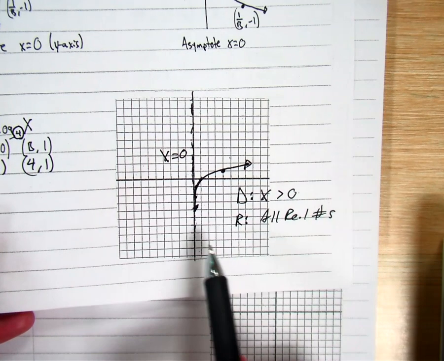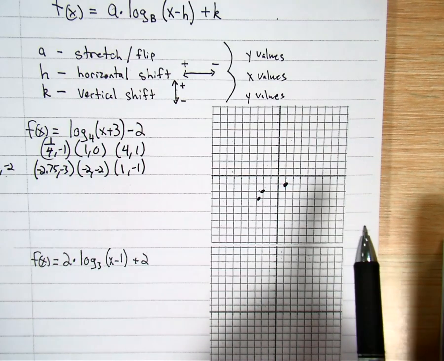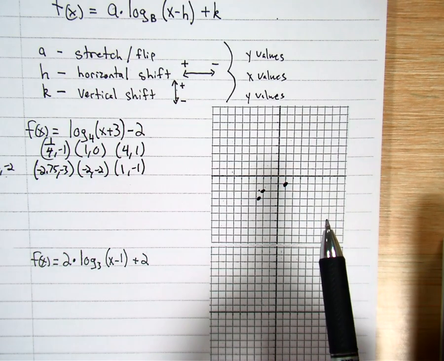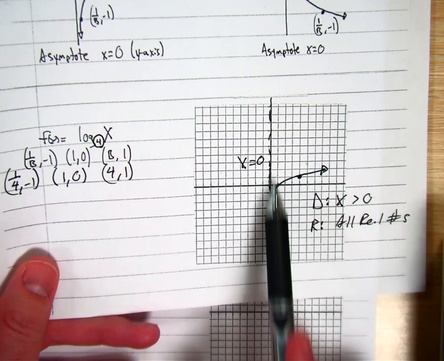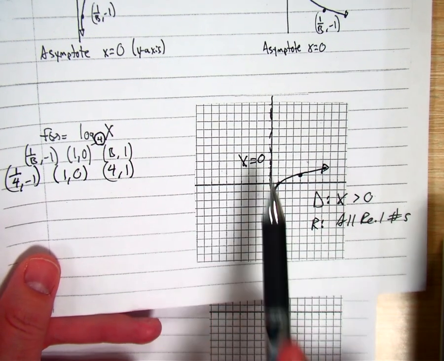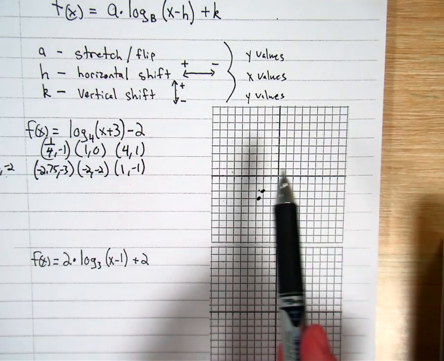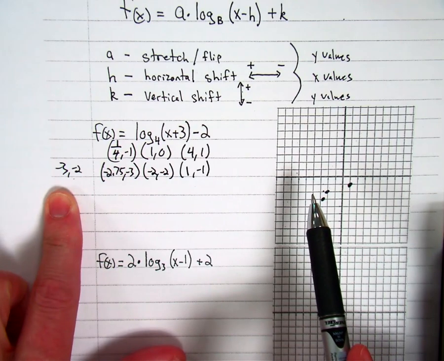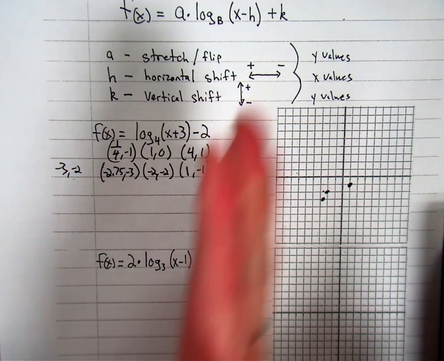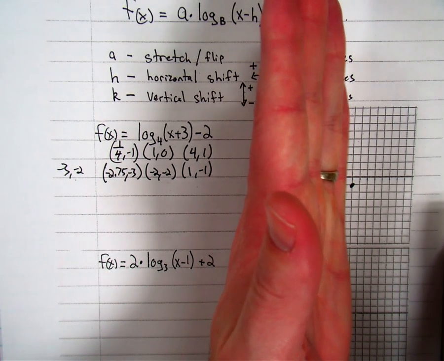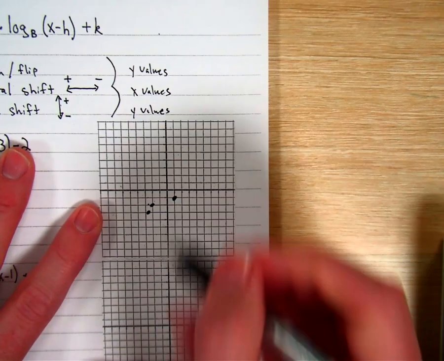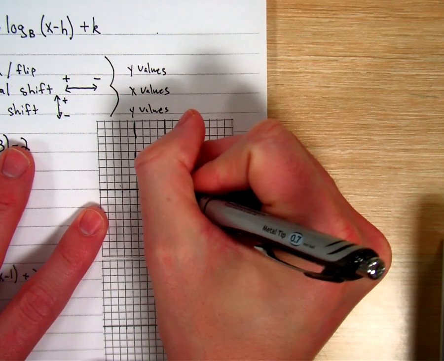Okay, so just continuing from this, we just moved it over and down a little bit. If our vertical asymptote was at x equals 0, the y-axis, before, and we subtracted 3 from all of our x's, our asymptote is going to slide backwards 3.